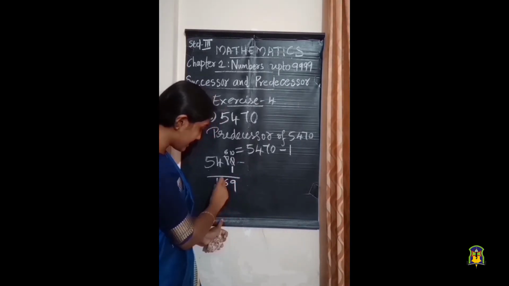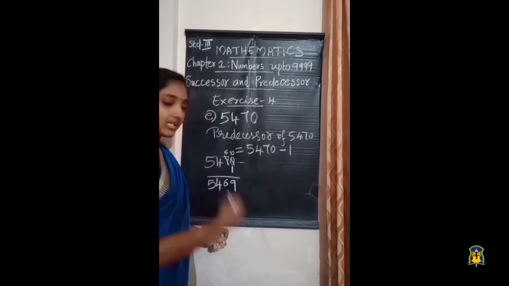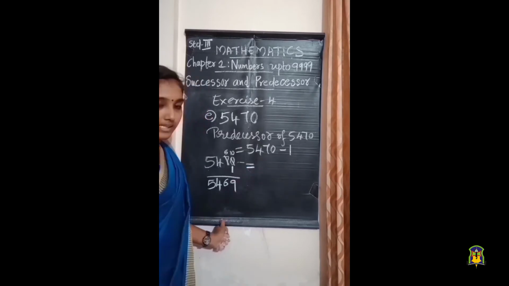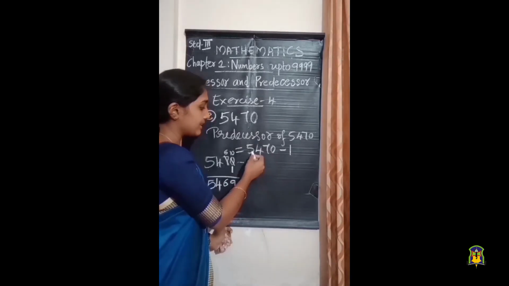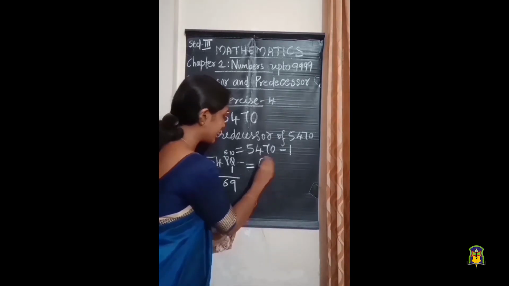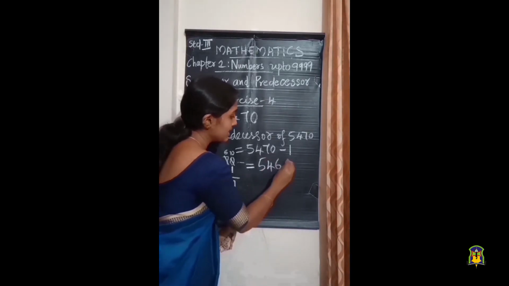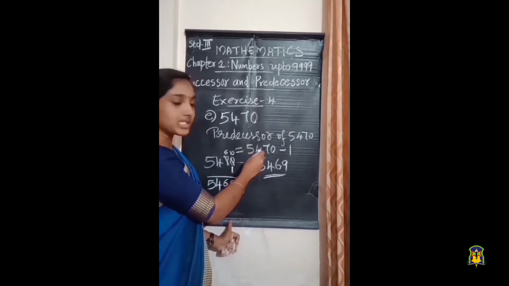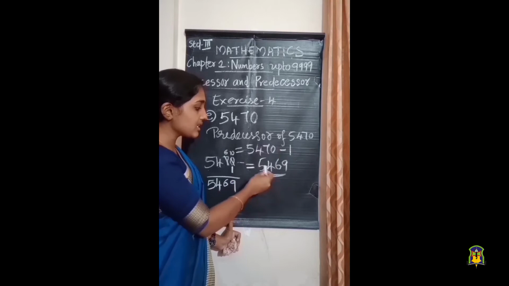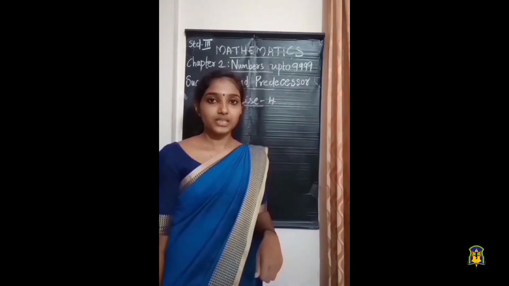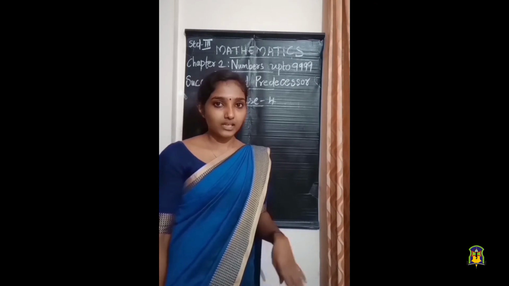In hundreds place, it's 4. And in thousands place, it's 5. So, after subtracting 1 from 5470, we got 5469. So, predecessor of 5470 is 5469.